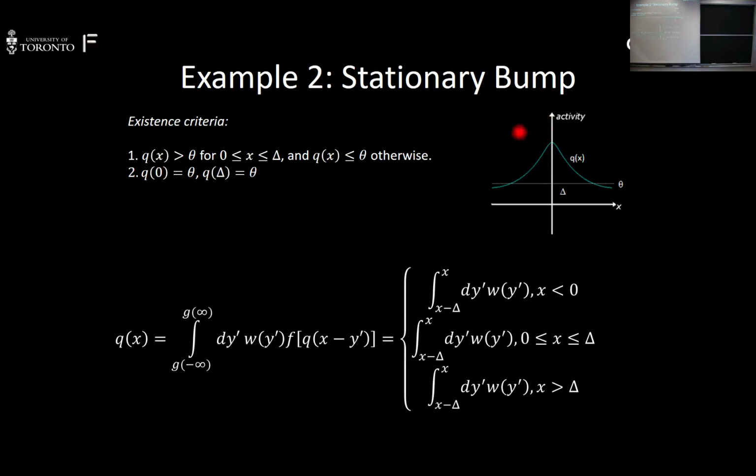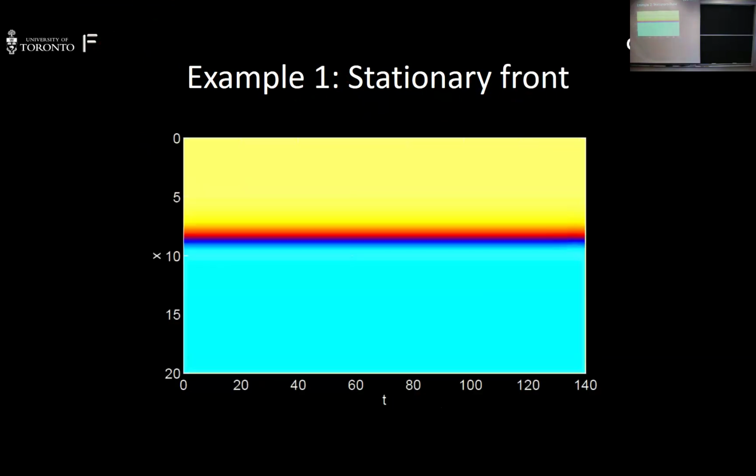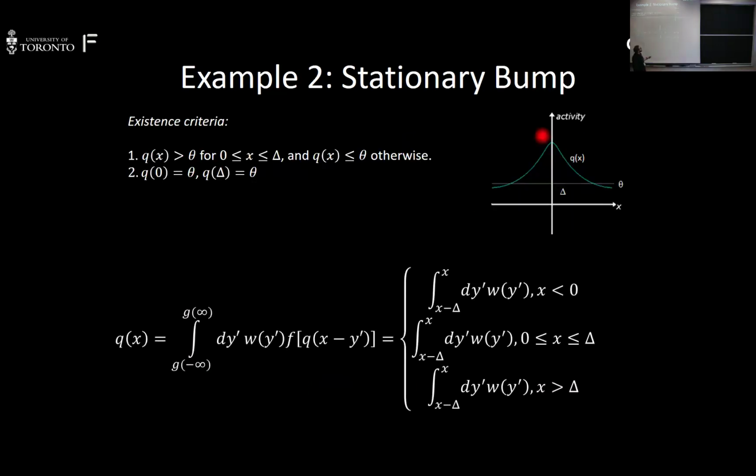Okay, so our second example, we're going to think about a bump. This is just one level up from our previous one, where we just had one transition zone, low to high. In this case, we've got two transition zones now.